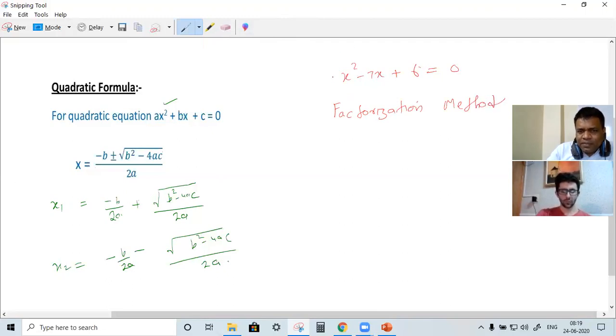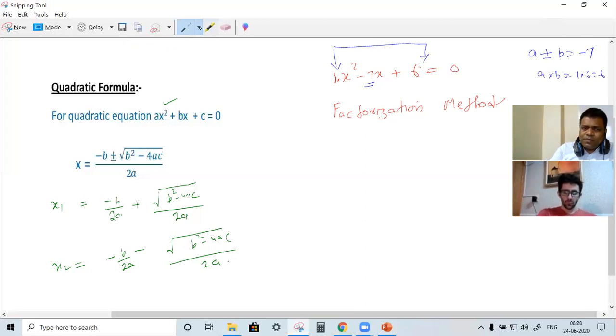In factorization method, you see the equation, it looks like this. Here you have to think of 2 numbers whose either sum or difference should be minus 7, and product should be the product of the constant term and the coefficient of x square, 1 into 6, which is 6.